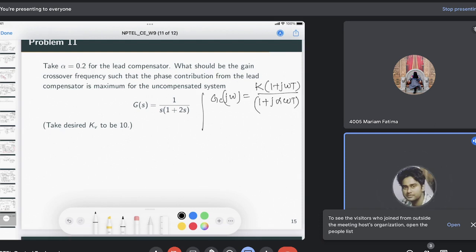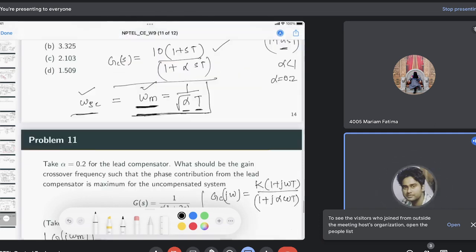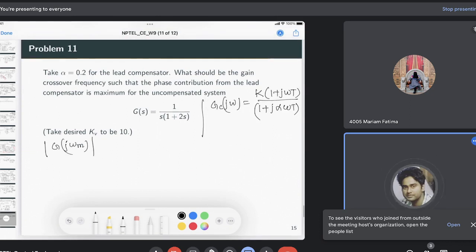We want to find the magnitude of this lead compensator at the frequency omega m, the frequency at which it is providing the maximum phase lead. We'll see what its gain is, and we will find that it is independent of T. So then what is this magnitude?